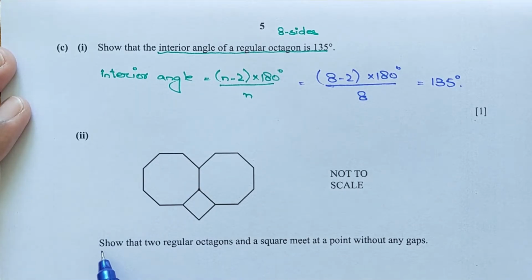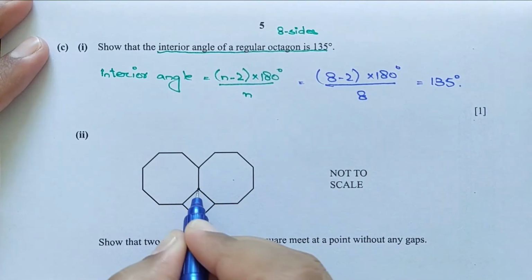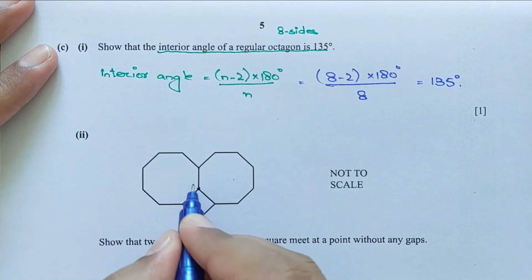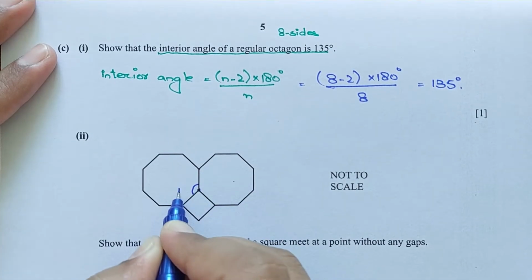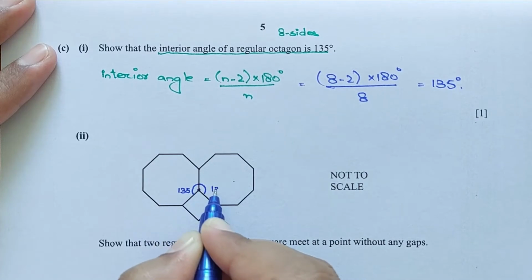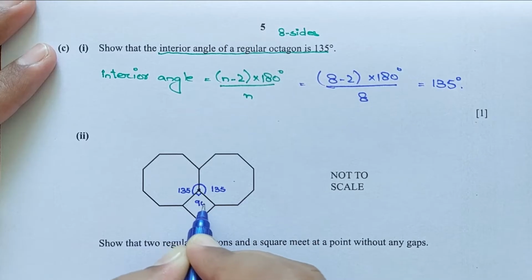Now for the second part, show that the two regular octagons and a square meet at a point without any gaps. They meet at a point, at this point they meet. Right, from the first part we know that measure of each interior angle of octagon is 135 degrees. So this angle is 135. This angle is also 135 and the square each angle is 90 degree, right?